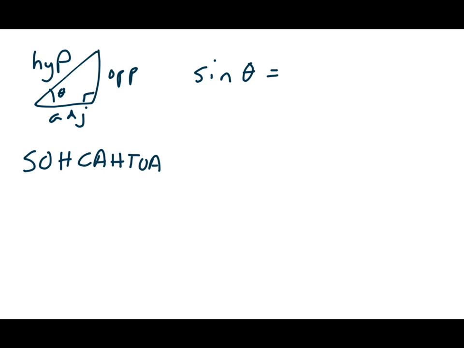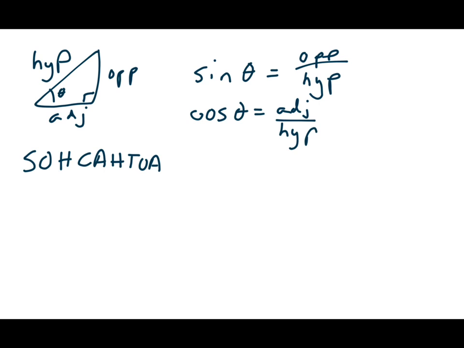If you can remember that, you can remember all these trig functions. Sine is opposite over hypotenuse. Cosine is adjacent over hypotenuse. Tangent is opposite over adjacent.